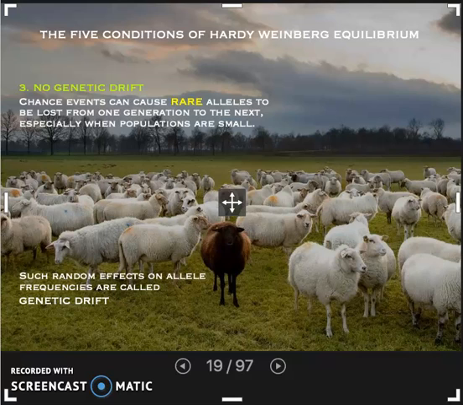The classic example is this: if I've got a little group of sheep and I have the one black sheep, and that black sheep dies, that can have a big influence on that special gene that the sheep's carrying. So genetic drift is a statistical phenomenon that really affects small populations. The smaller you are, the more likely that a change could have a dramatically large effect.